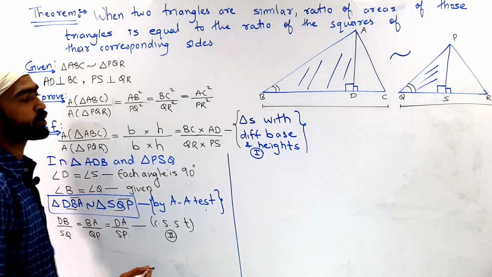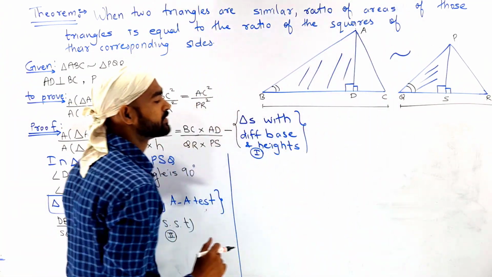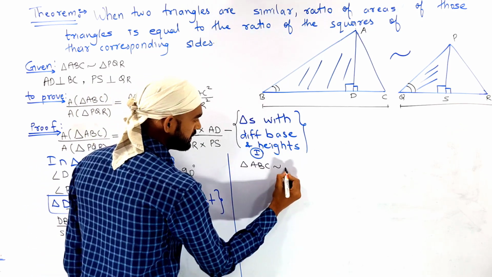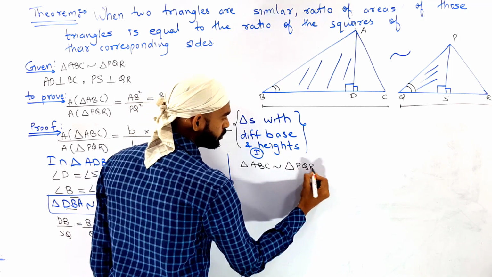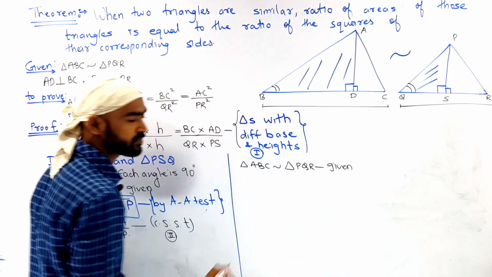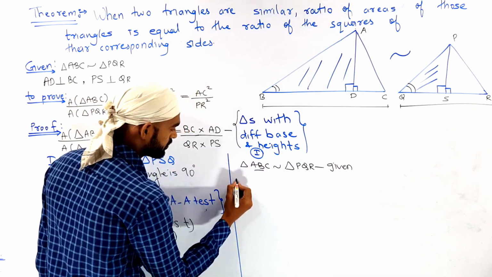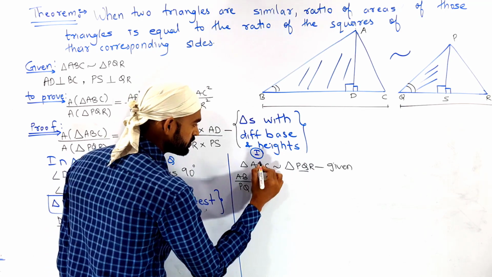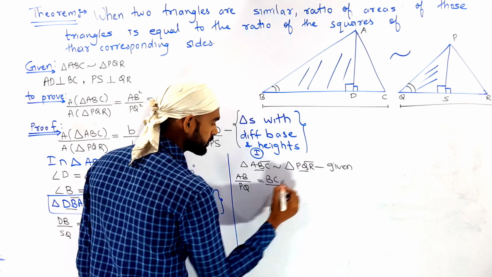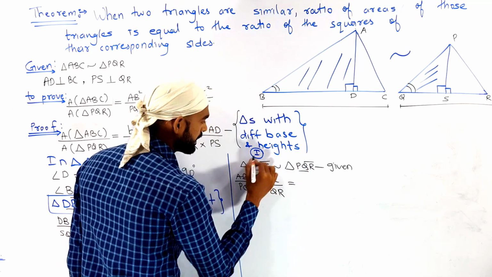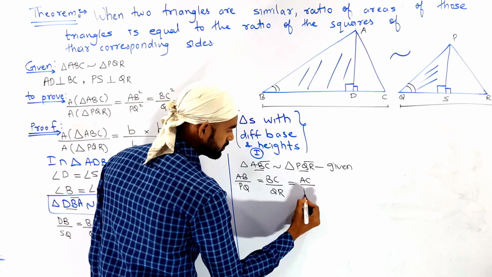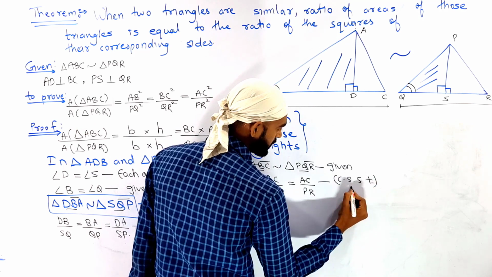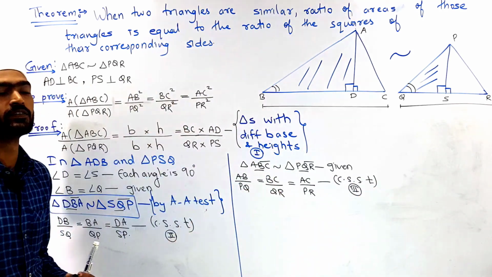Now we know that triangle ABC is similar to triangle PQR. Reason: it is given both are similar. So we can take AB upon PQ is equal to BC upon QR and AC upon PR. This also is corresponding sides of similar triangles, and this becomes equation number 3.